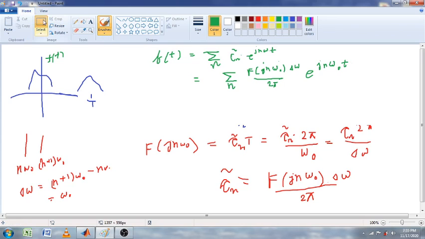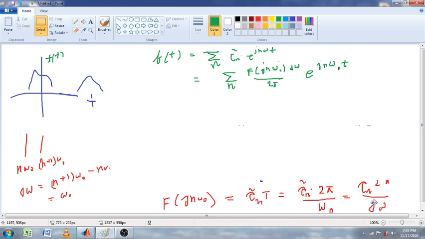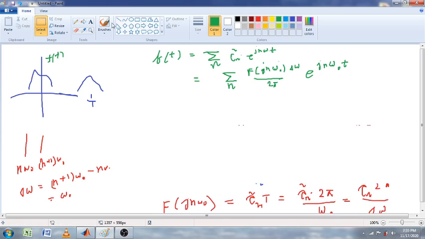Now you see the trick. Now we are going to play the trick. What is the trick? The trick is very simple. Let us find out what happens when we take the limit T tends to infinity, because that's what we were interested in. That's when my periodic signal would become aperiodic.